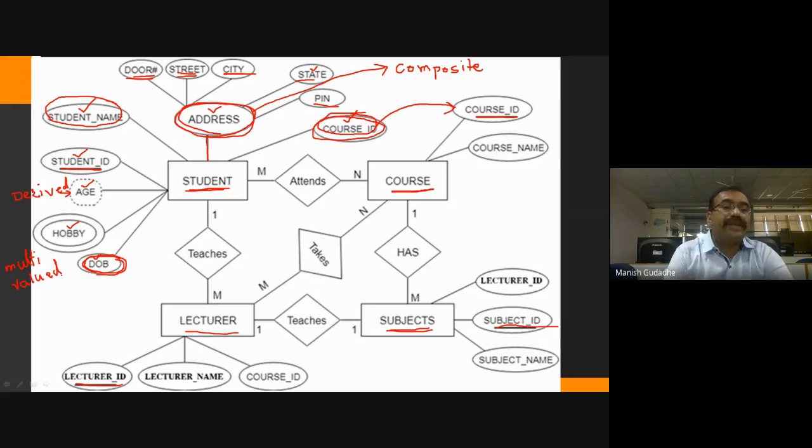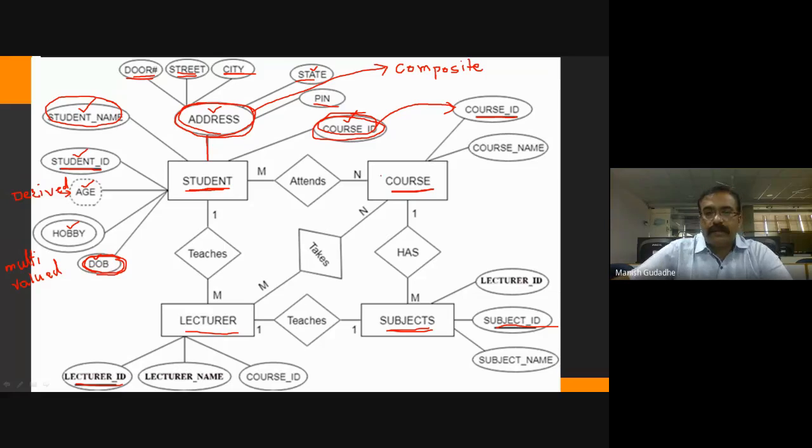You may have more than one sibling, more than one brother or more than one sister. So the attribute which can hold more than one value is called a multi-valued attribute, and it is represented in a double line ellipse. So are you observing that only this diagram can give me every information about that database?